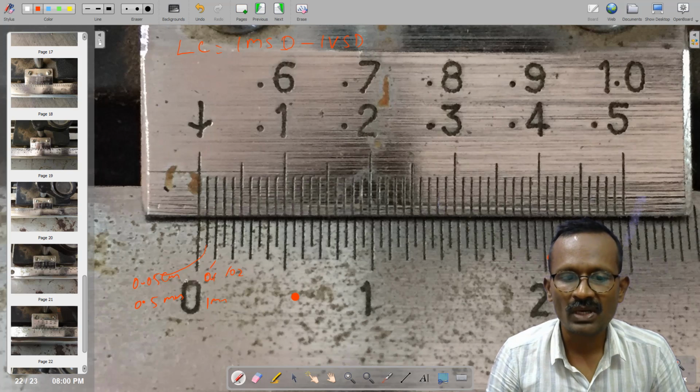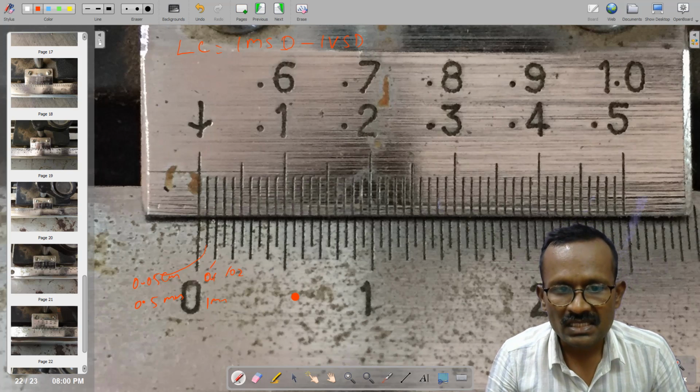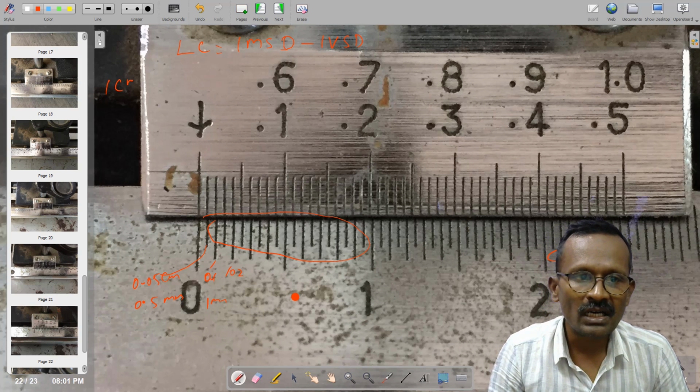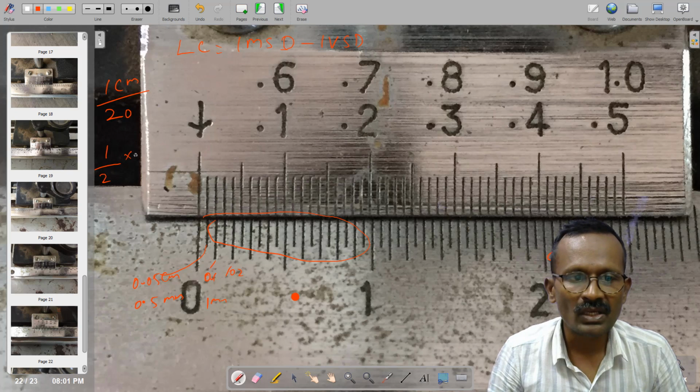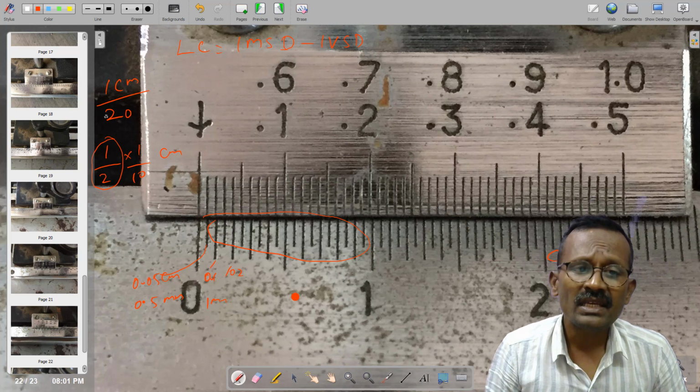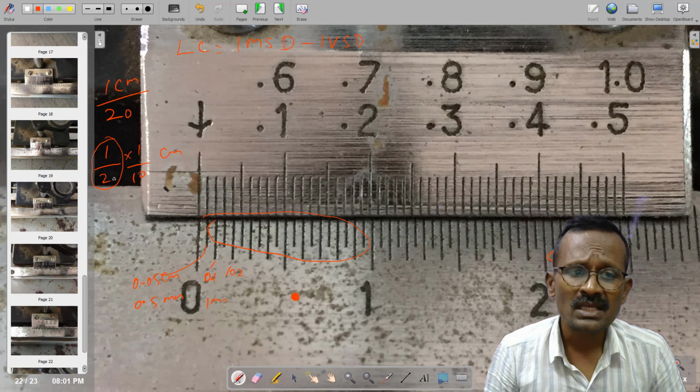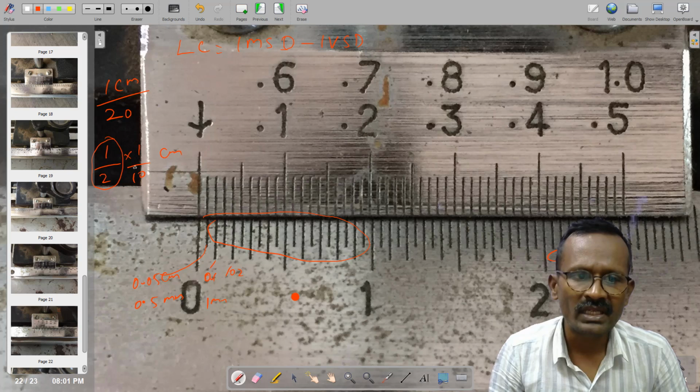How can we calculate this one? This gap is 1 centimeter, so 1 centimeter should be divided by 20. I take 20 as 2 into 10, so I rewrite 1 by 20 as 1 by 2 into 1 by 10.